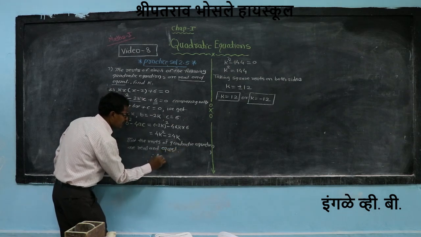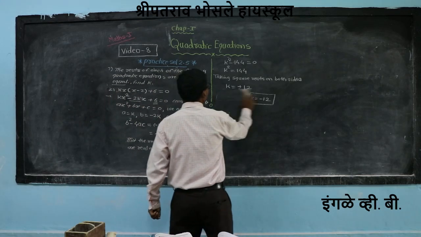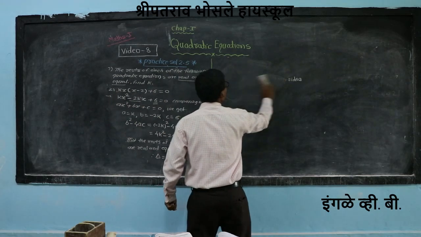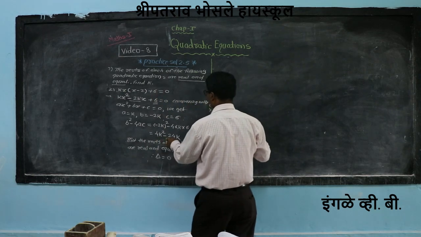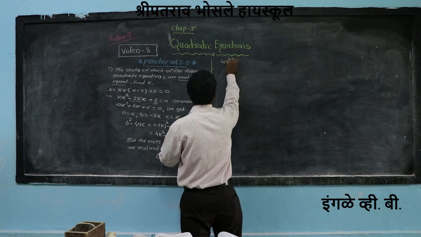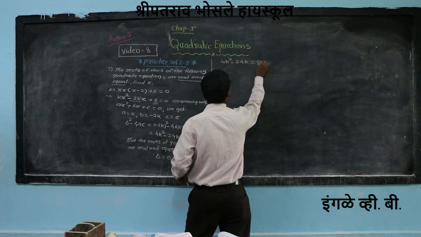Therefore delta is equal to 0. If the roots are real and equal, the value of delta is 0. Then for this, we take 4k square minus 24k is equal to 0.